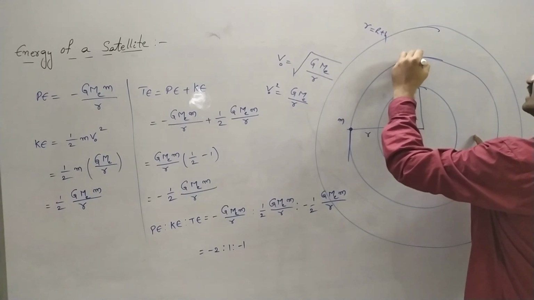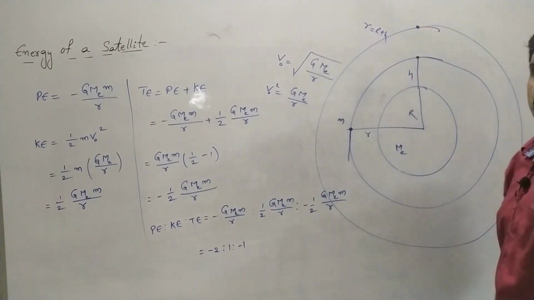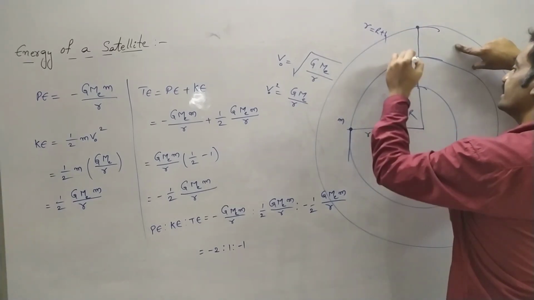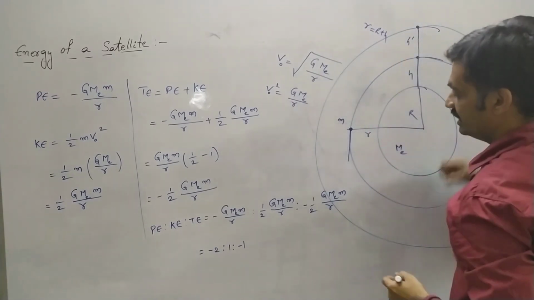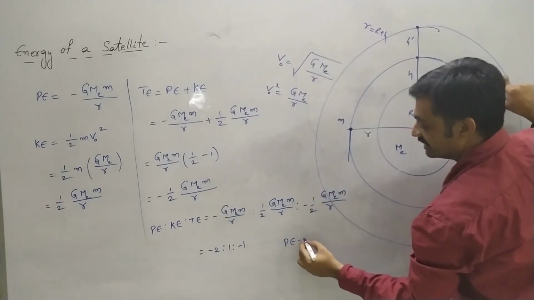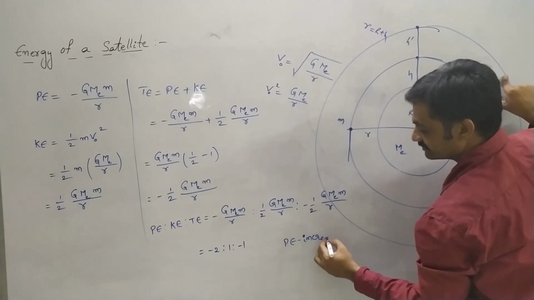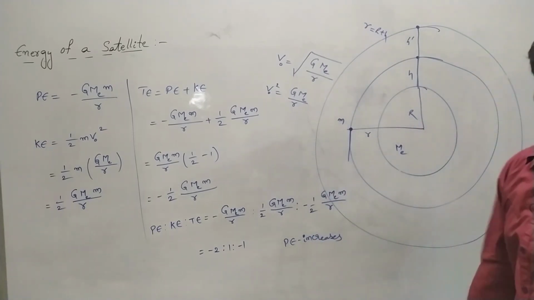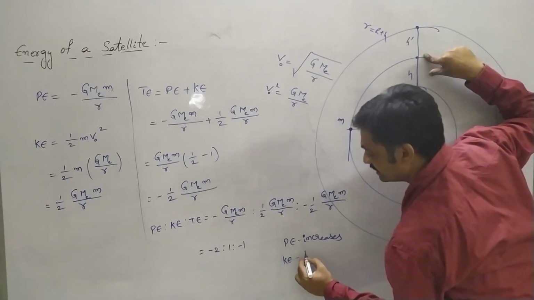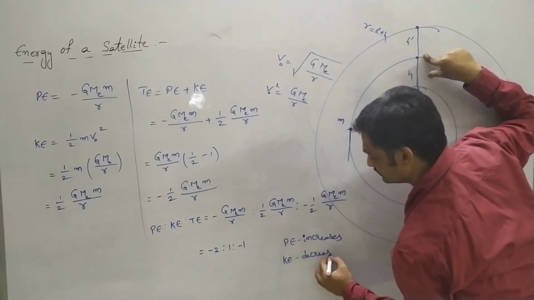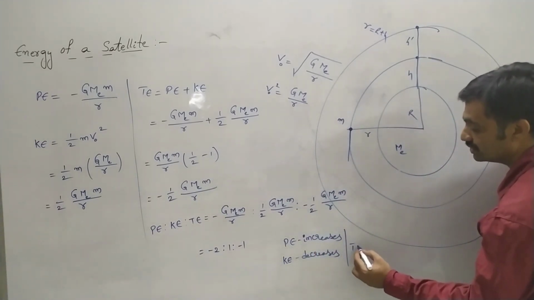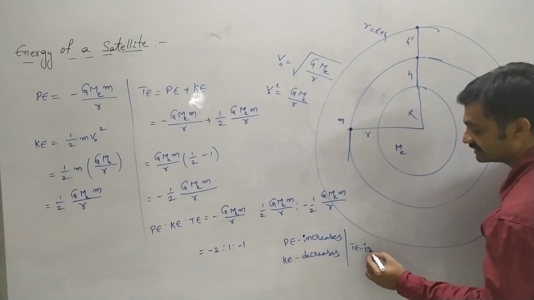If it jumps from this orbit to this orbit, then its height has increased from h to h dash, so its potential energy increases, its kinetic energy decreases, then its total energy increases.